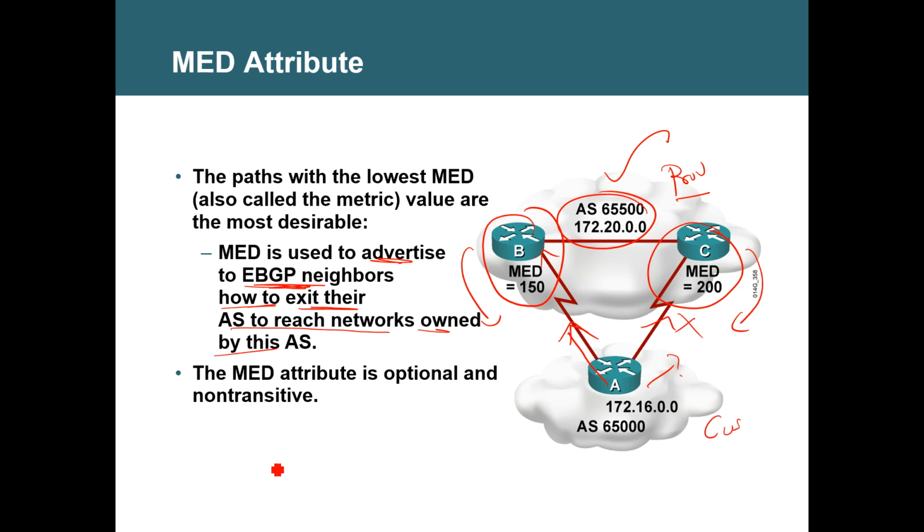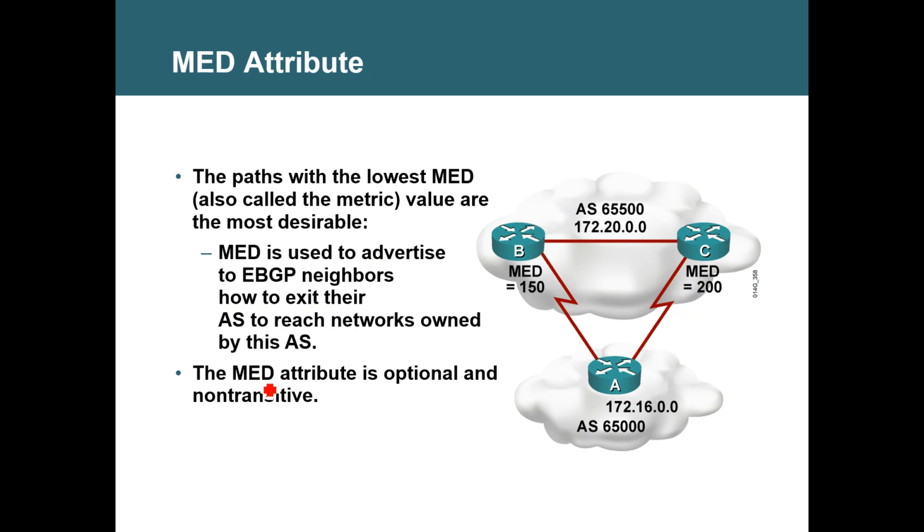But again, I'm telling you, this is the sixth attribute. If in A you set weight or local preference saying you go this way, it will go this way. Only when there is a tie in the first 5 attributes, the attribute set by your neighbor autonomous system will make your router decide the exit. Do you understand that?